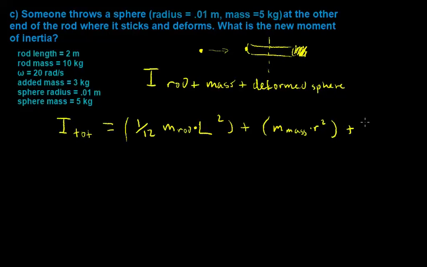So what we're going to do is count it as another mass stuck to our rod. This is going to be the mass of our sphere times the distance from the deformed sphere to our axis of rotation, squared. Just like our deformed mass, we're counting it as another mass stuck to our rod.